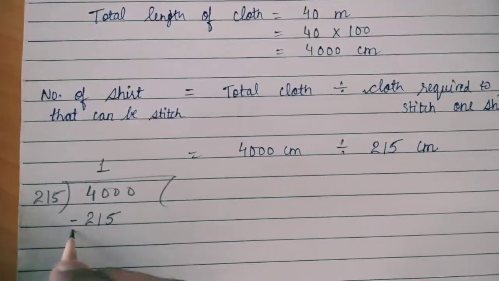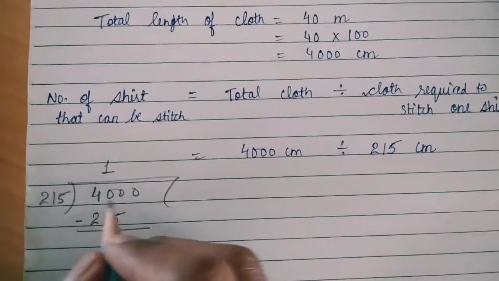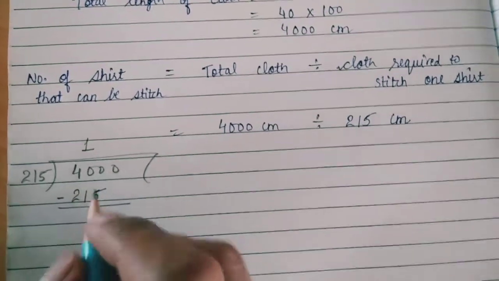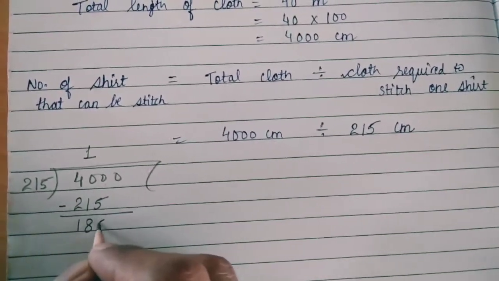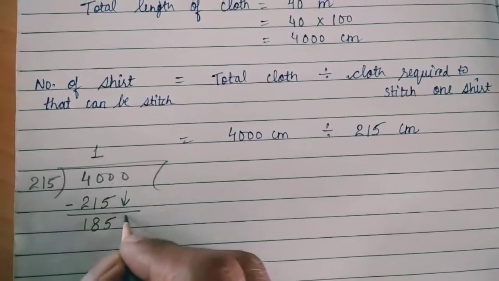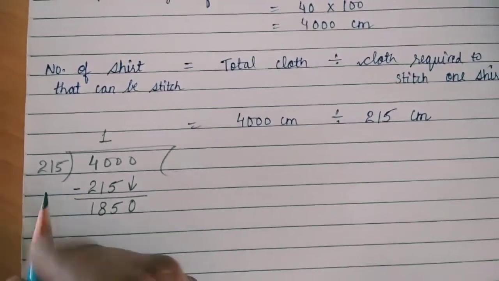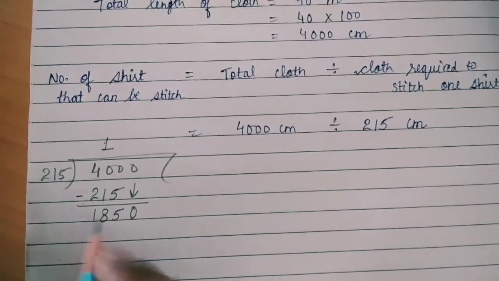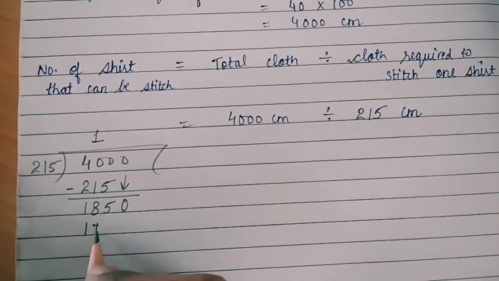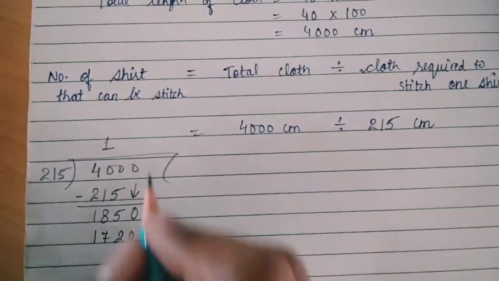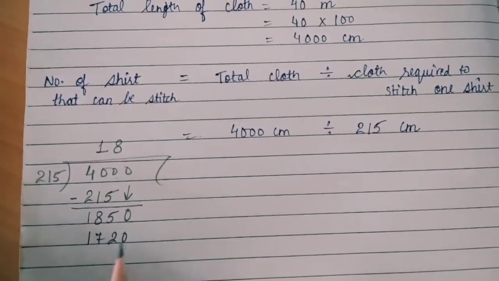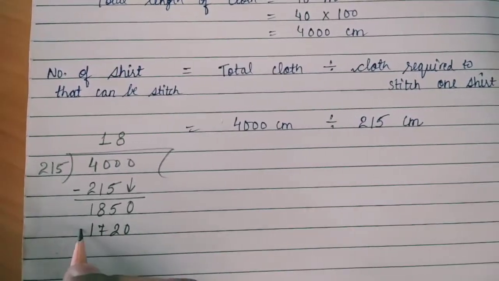Okay, subtraction. After subtracting 215 from 400, we will get 185. This 0 comes down. Now when we multiply 215 by 8, we will get 1720, because it is the nearest one to 1850.